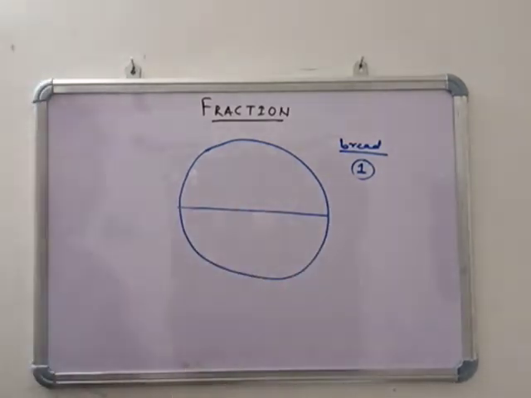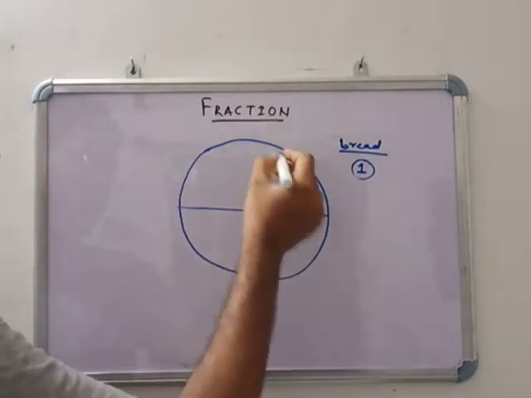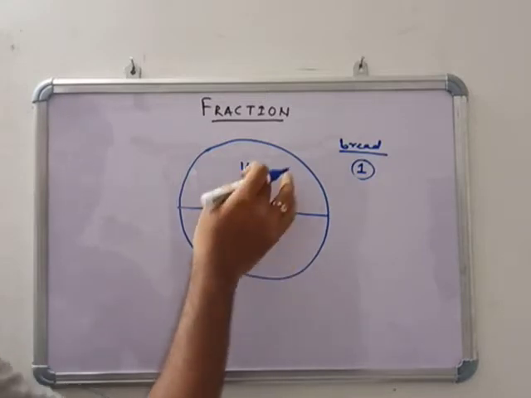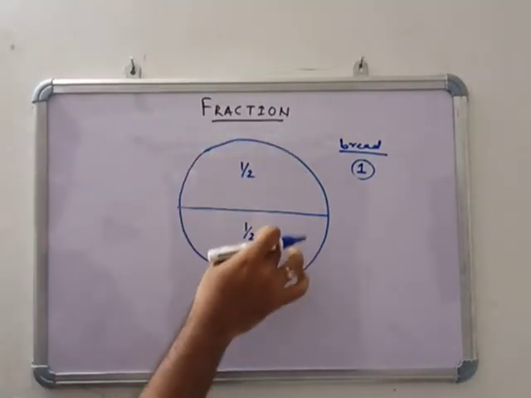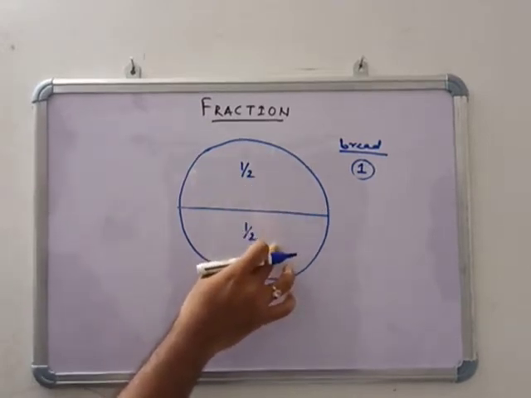If we divide this, this is a half portion, this is a half portion. That is 1/2 each. That means if we divide 1 into 2 equal parts, this is 1/2 and this is 1/2.